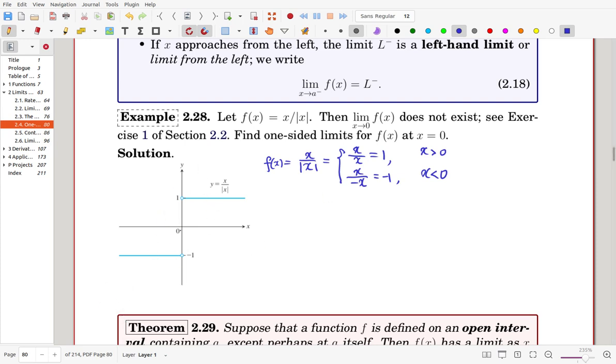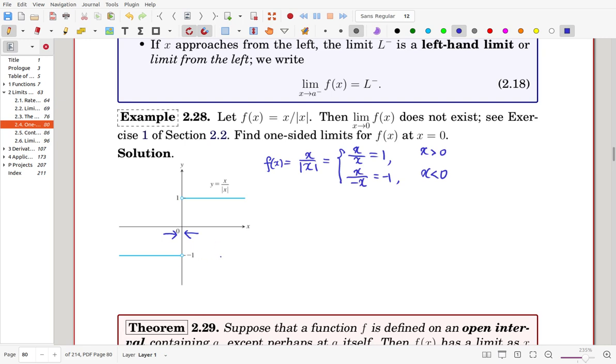Around 0, as x approaches from the left-hand side and right-hand side, the left limit is minus 1 and the right limit is plus 1, so the limit as x approaches 0 of f(x) doesn't exist. However, we can write the one-sided limits in this way.